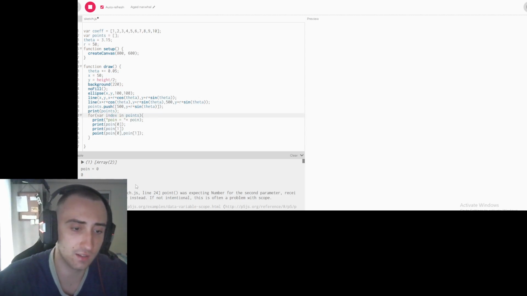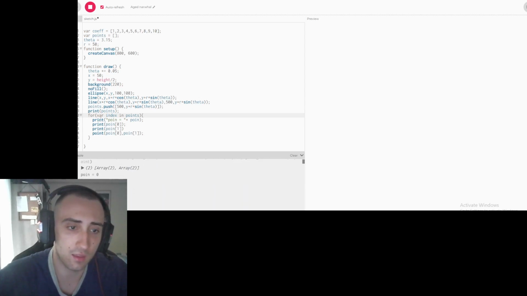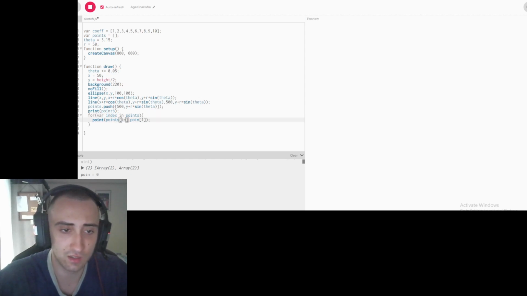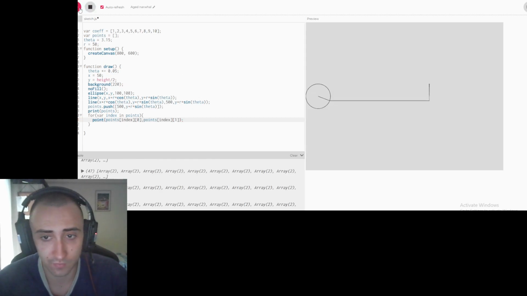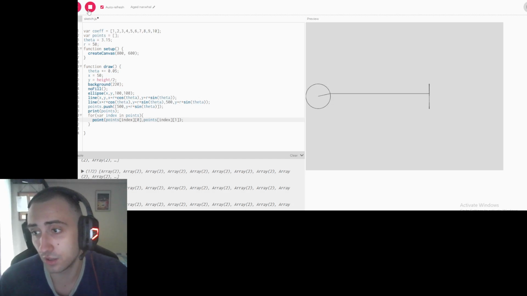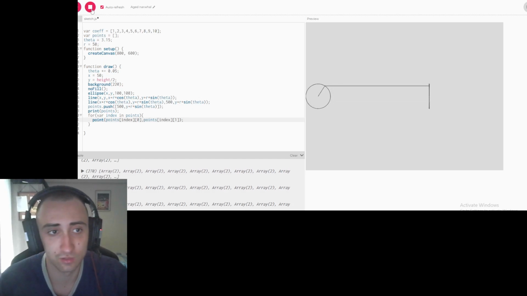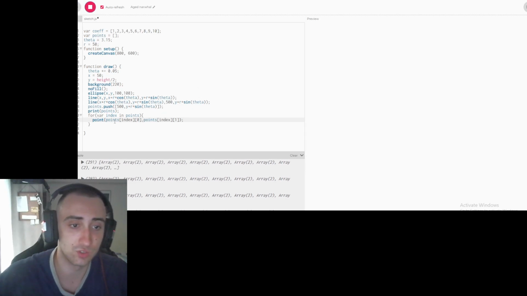Is this the index? Yeah, I guess, but I don't understand. Points index 0 and points index 1. But if this is the way this works, it's dumb. It shouldn't. You see, it does work this way, but it shouldn't. Really shouldn't. Just saying. Okay.